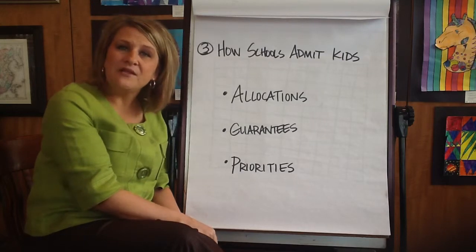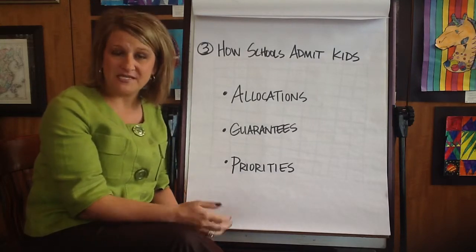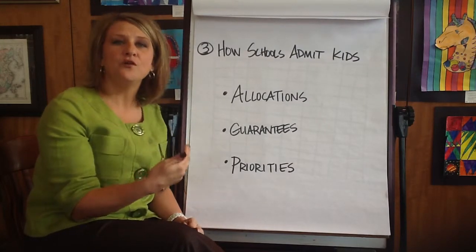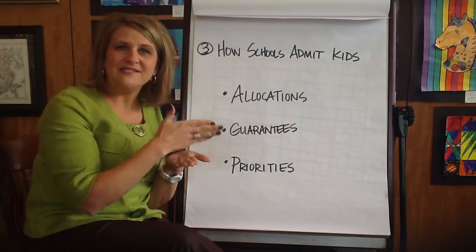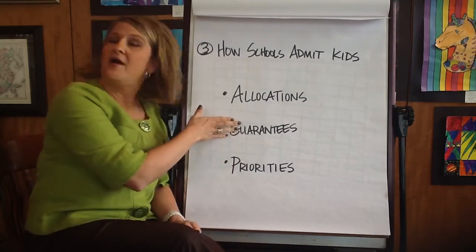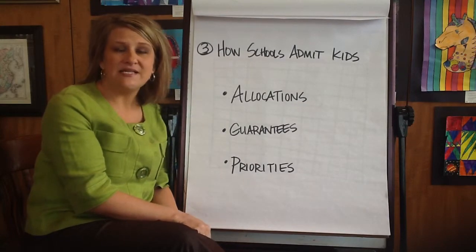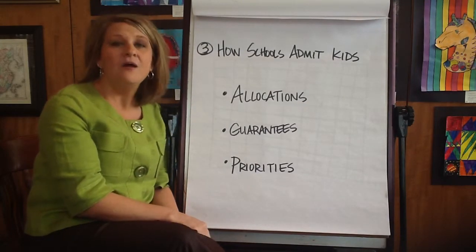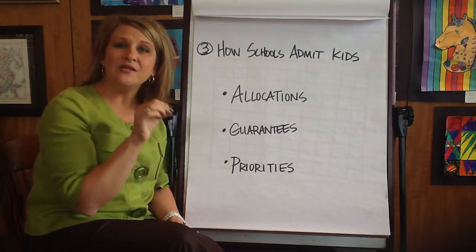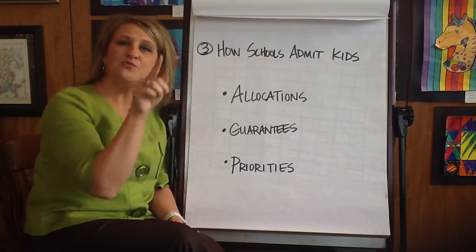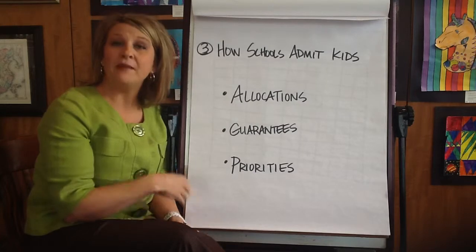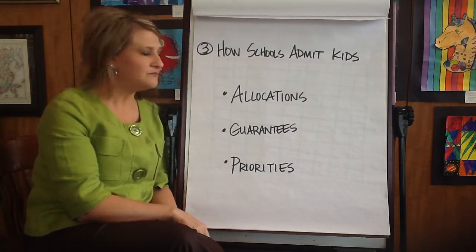The best example that I can give for this is our boundary system. So when you hear the word boundary, boundary means guarantee. An example of a boundary school within our system is Park Hill Elementary School. Park Hill Elementary School guarantees that every student who resides in the Park Hill boundary may attend that school.